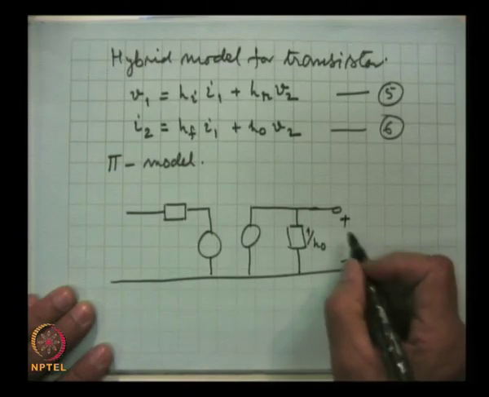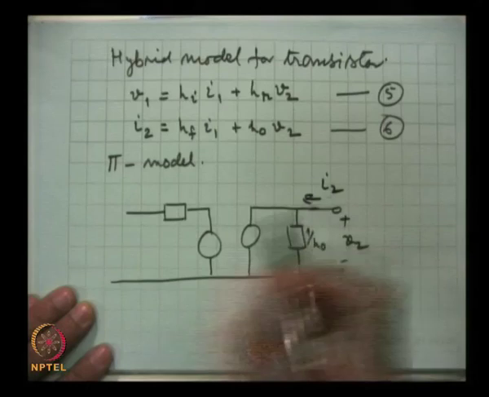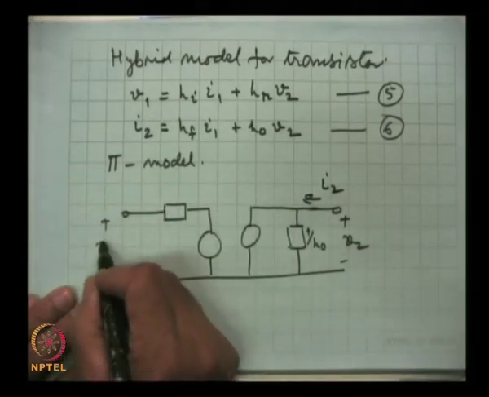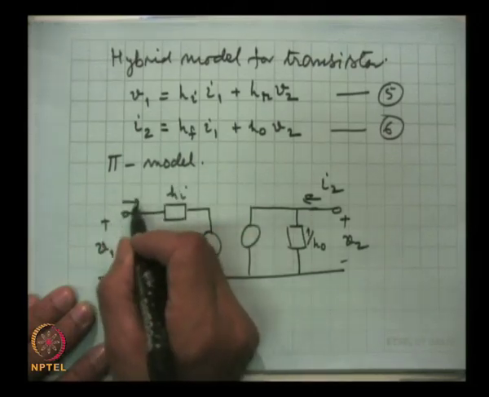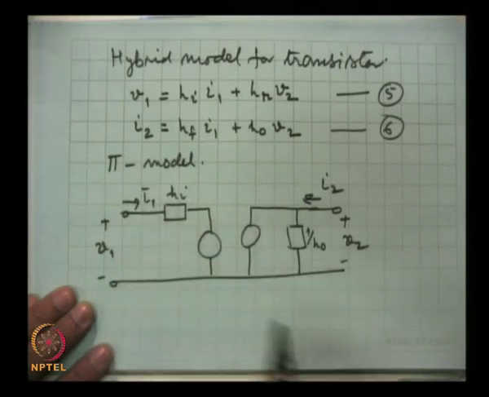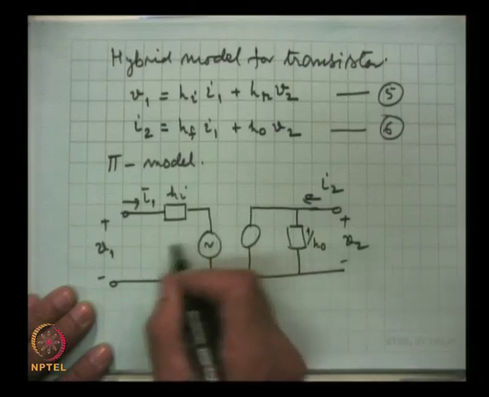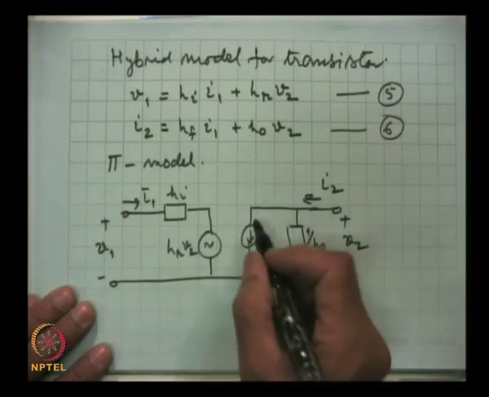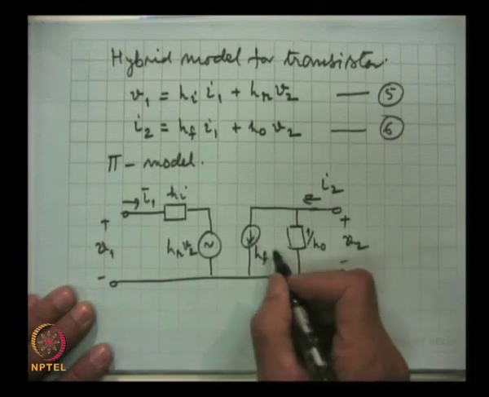Here is the voltage V 2, the current I 2, here this is V 1, H I and current I 1, and this is a voltage source H R V 2, and this is the current source H F, I 1.